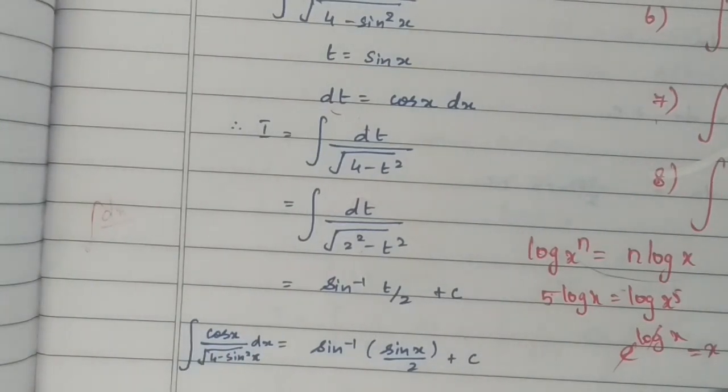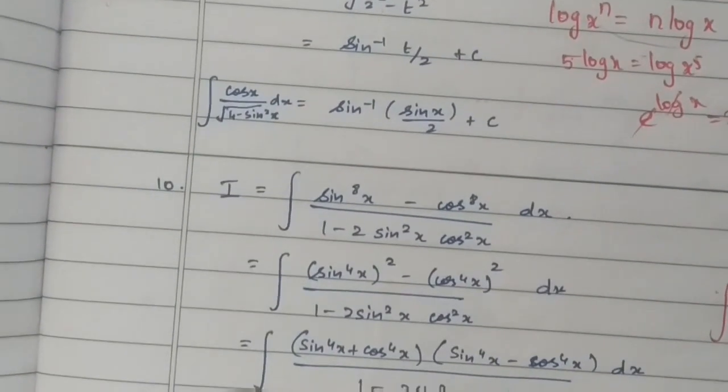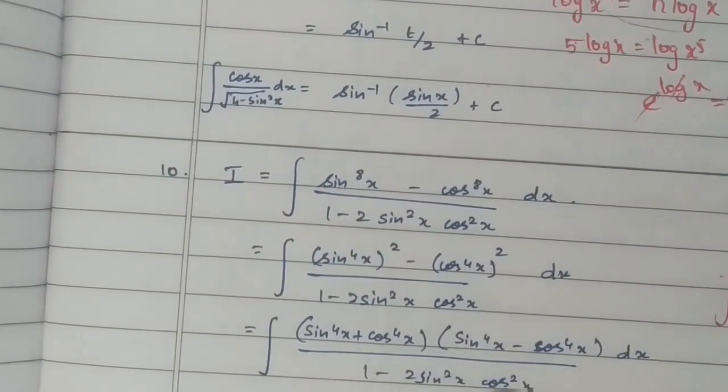Here the a value is 2, and the x value here we have taken to be t. Therefore, the integral value becomes sin inverse of t by 2 plus c. The question is in terms of x, so the answer should be in terms of x. Therefore, substitute the value of t. Now, let us move on to the next sum, the 10th one.